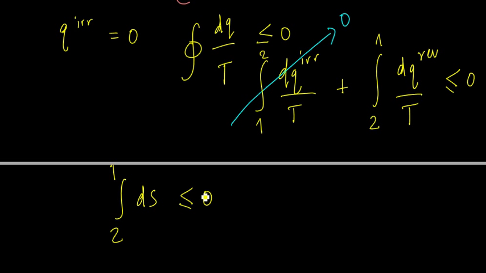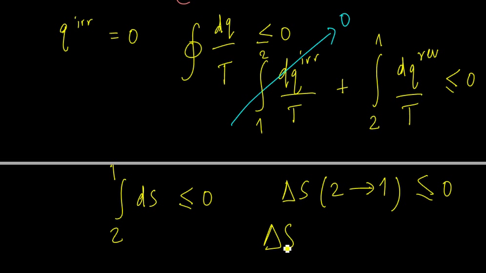So delta S on going from 2 to 1 is less than or equal to 0. The delta S on going from 1 to 2 would be exactly the opposite, because in a cyclic process delta S has to be 0. So delta S for a process is necessarily greater than or equal to 0.